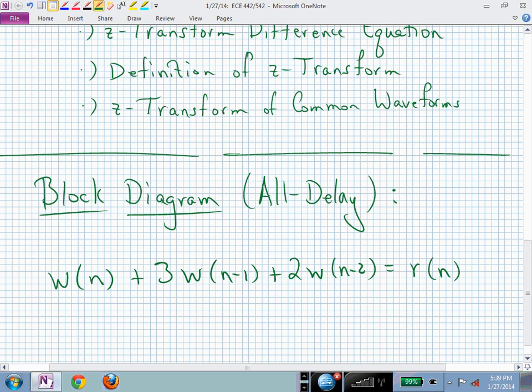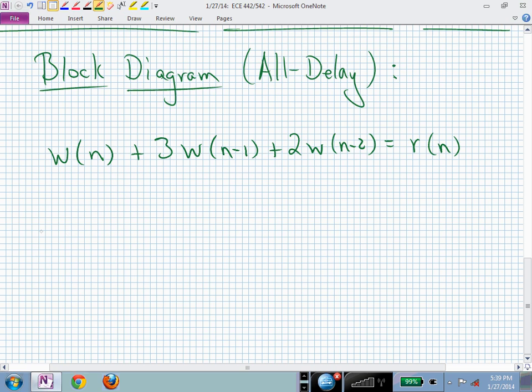Let's now solve that for the highest time index, which is W of n. So W of n is equal to R of n minus 3W of n minus 1 minus 2W of n minus 2.